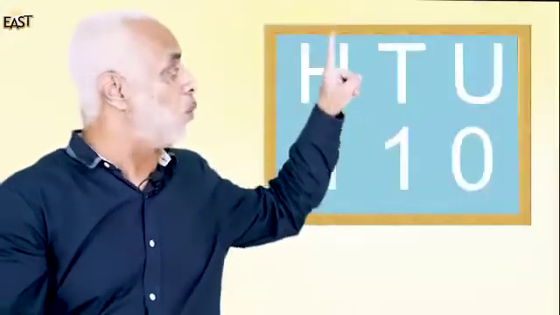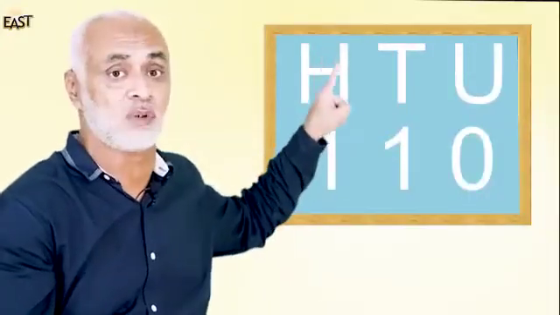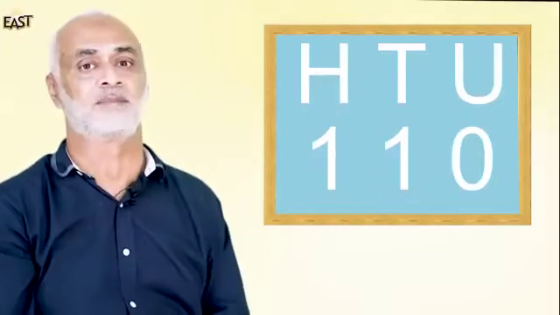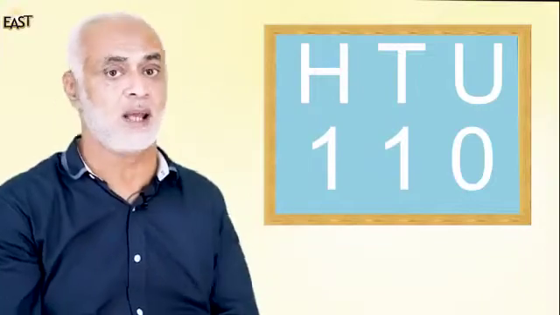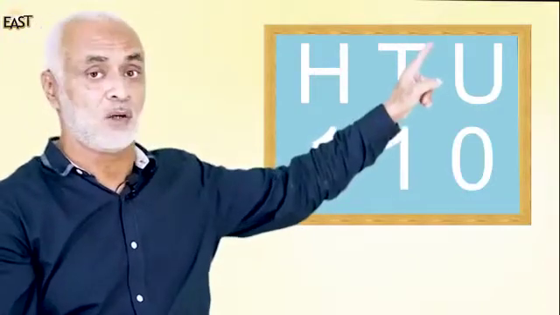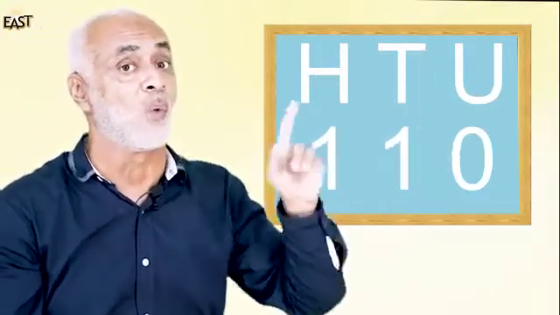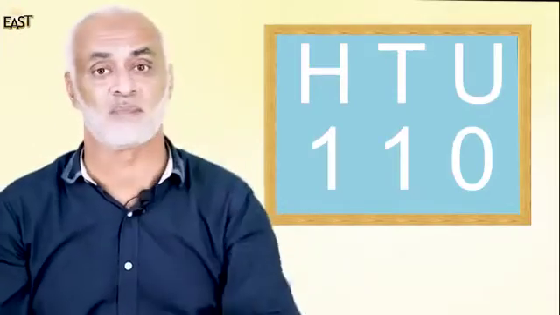Under hundreds we write 1. Under tens we write 1. And under units we write 0. 110. And then we have one petal here.